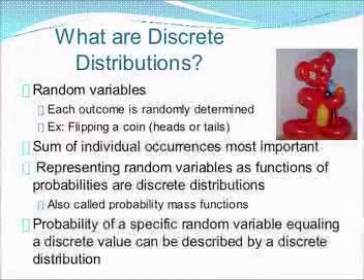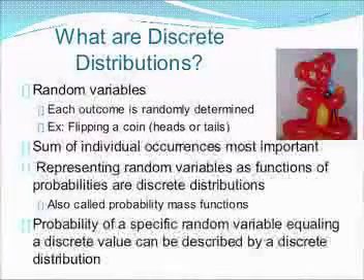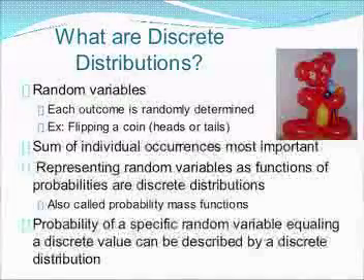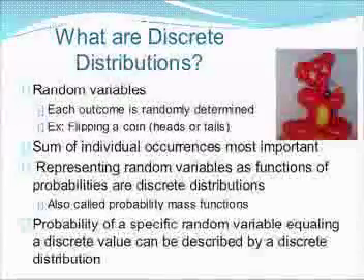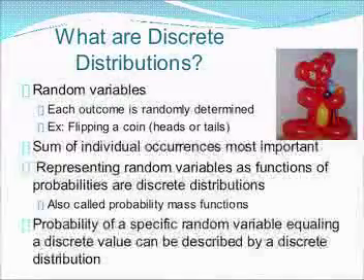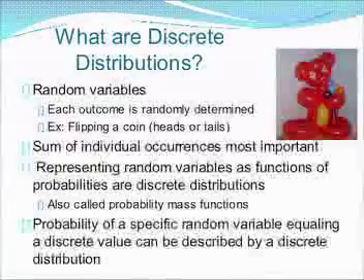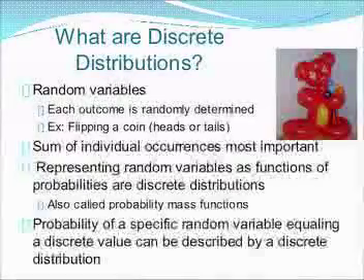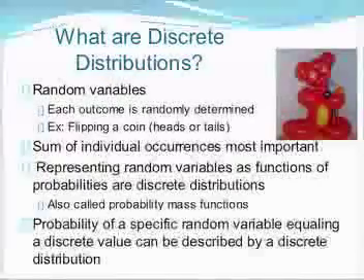Representing random variables as a function of probabilities are discrete distributions. That is the basic definition of what a discrete distribution is. They are also called probability mass functions. The probability of a specific random variable equaling a discrete value can be described by a discrete distribution.